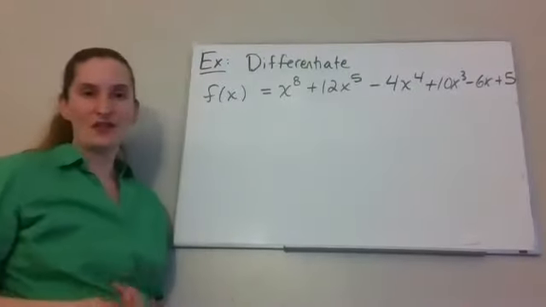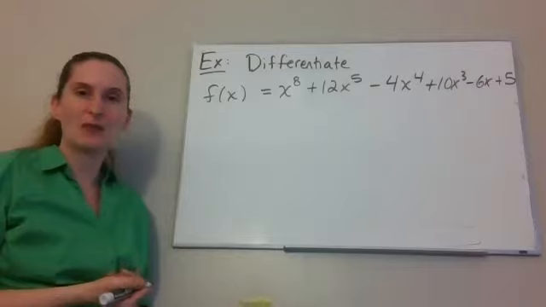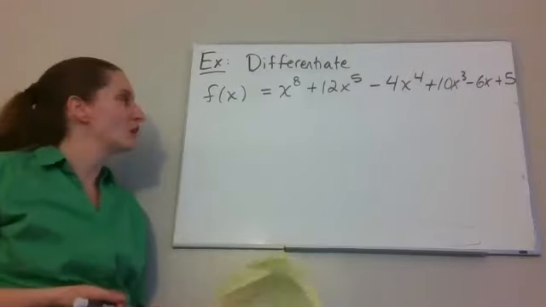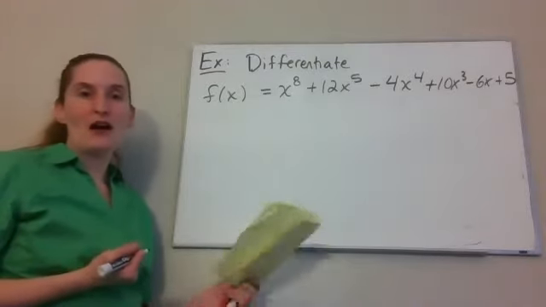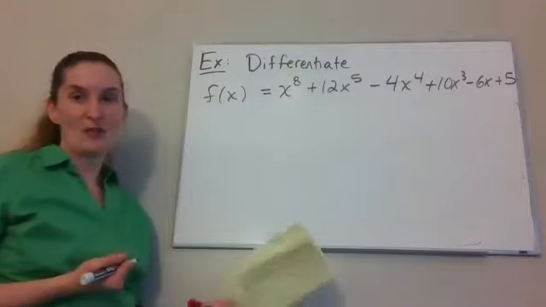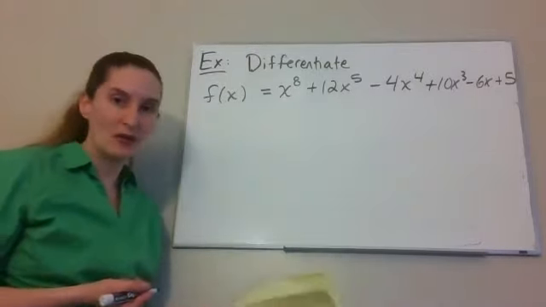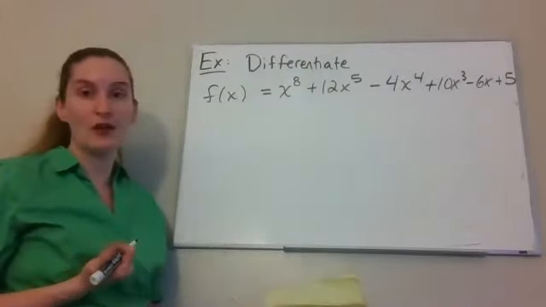So before I actually find the derivative of this function, I'd just like you to imagine for a second that we were going to do this using the definition of the derivative. Picture having a limit as h approaches 0 of f of x plus h minus f of x all over h. And picture how terrible and tedious all of that distribution would be for this incredibly long function.